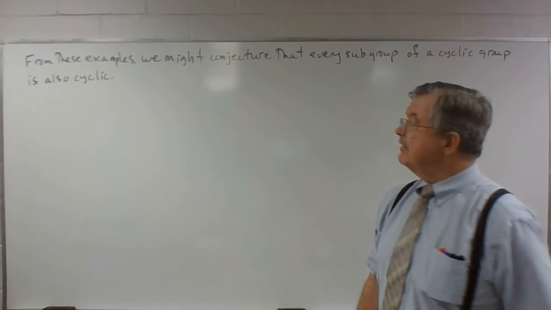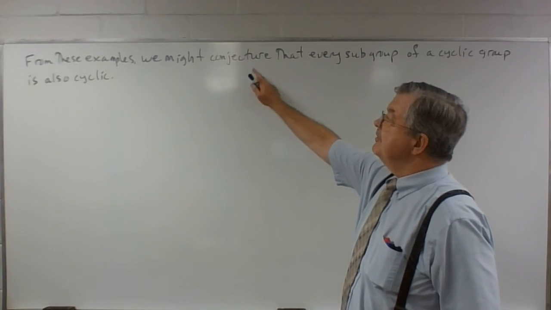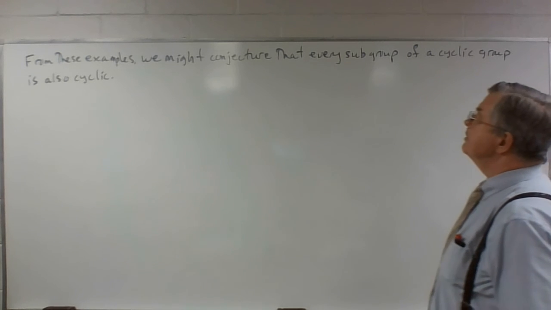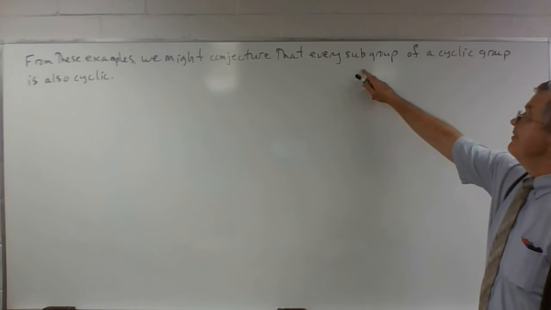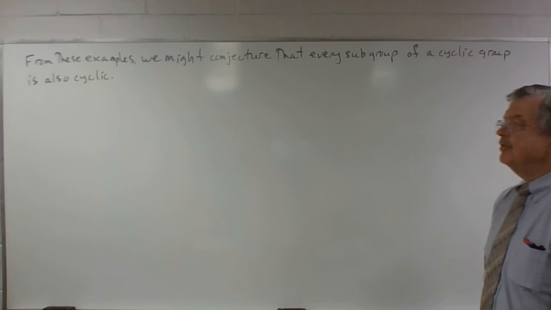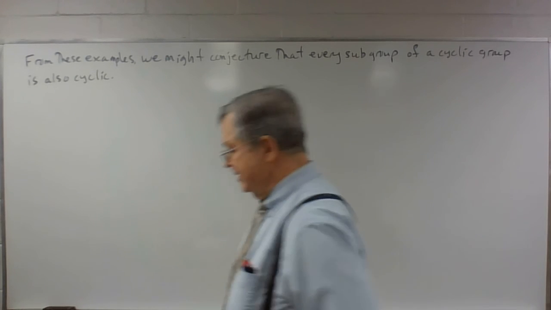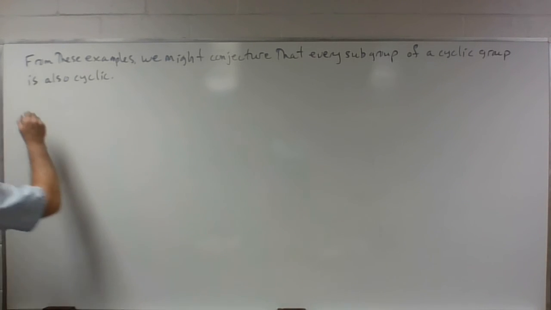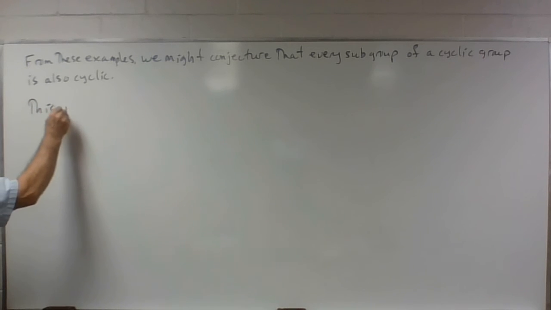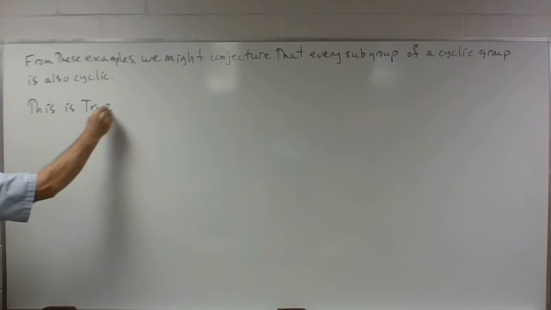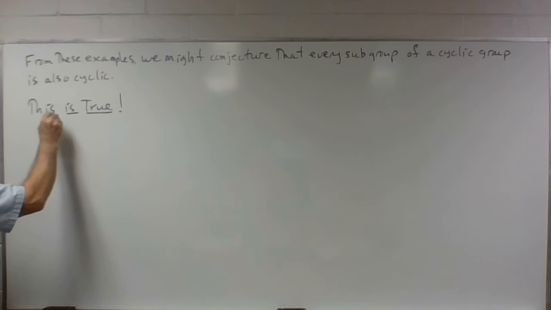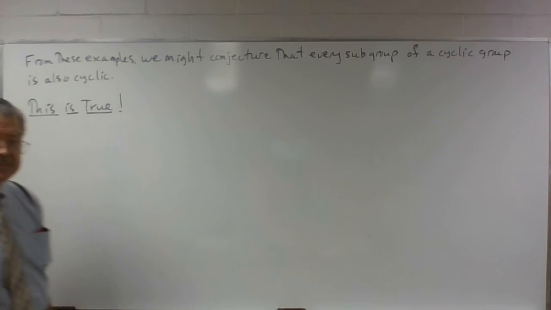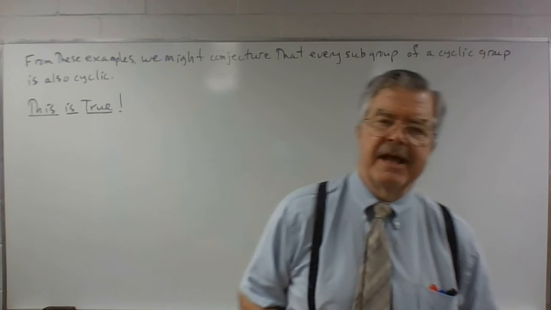Here it is, conjecture time. From these examples, we might conjecture that every subgroup of a cyclic group is also cyclic. This is true, and we'll prove that in the next lecture.